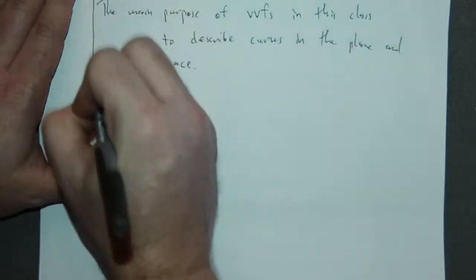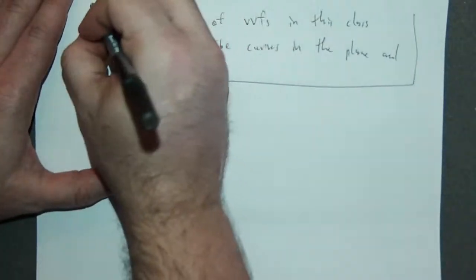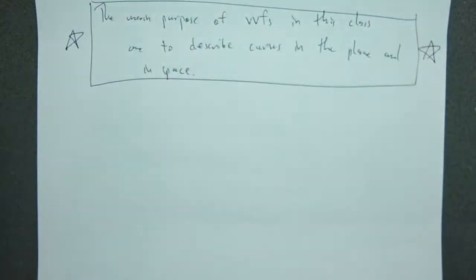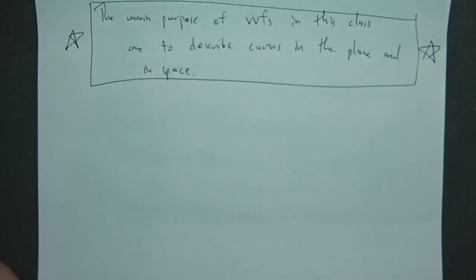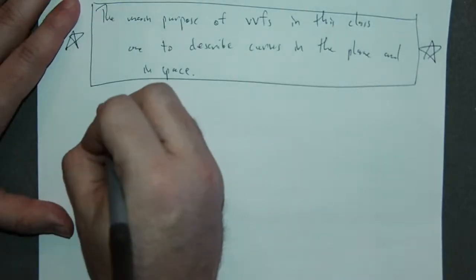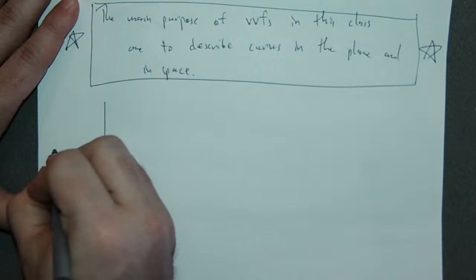Okay, so this is the main purpose of vector valued functions. All right, well, what does this mean? You've already seen an example of a vector valued function used to describe a curve in the plane. In fact, if you took Calc 2 at UMD, then this is the last thing you do in the class.